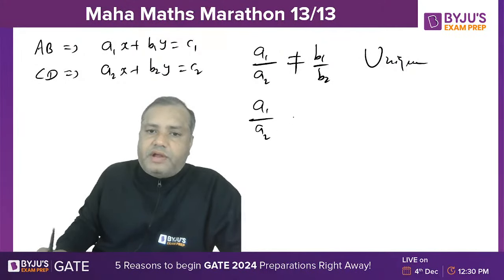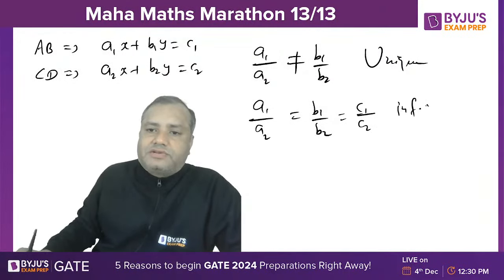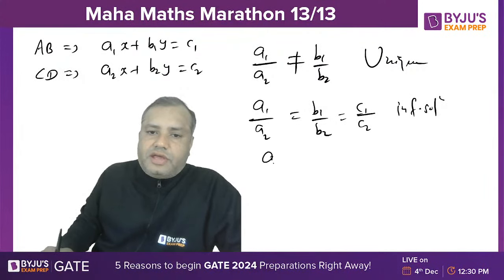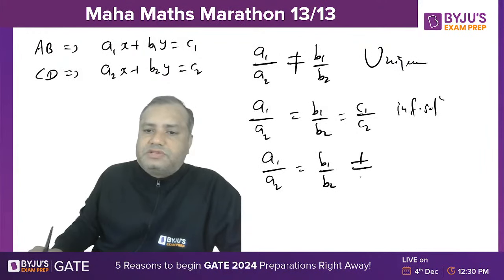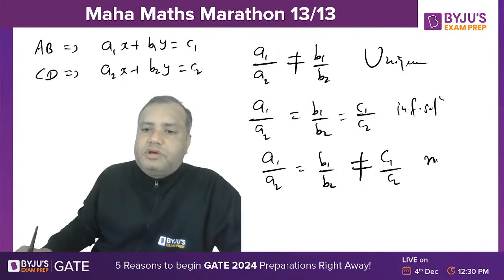If A1 by A2 equal to B1 by B2 equal to C1 by C2, we will get infinite solutions. If A1 by A2 is equal to B1 by B2 is not equal to C1 by C2, we will get an inconsistent system, that is no solution.